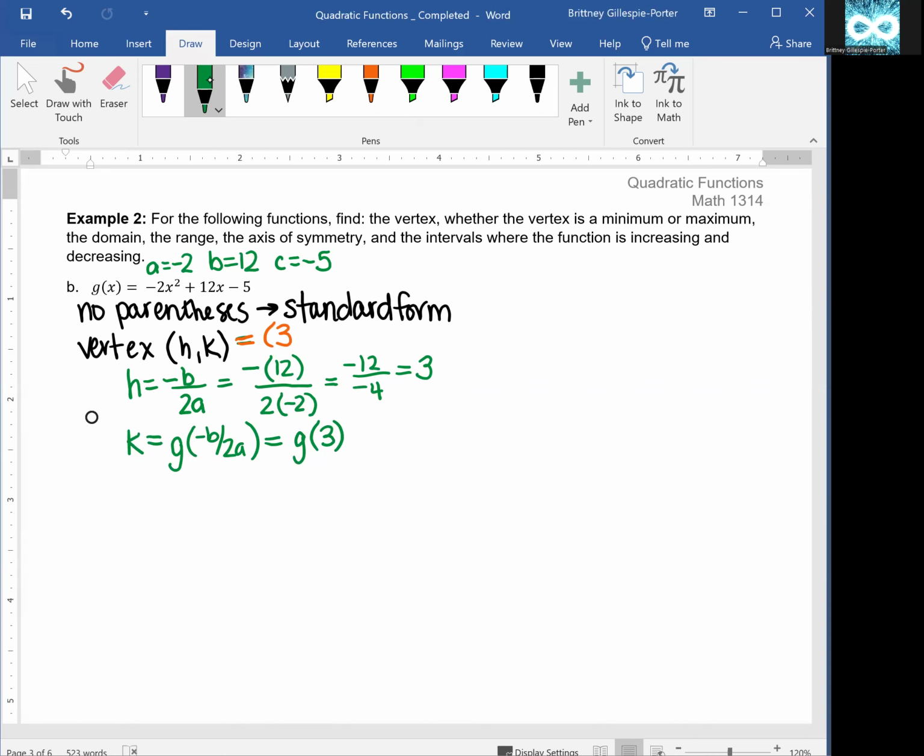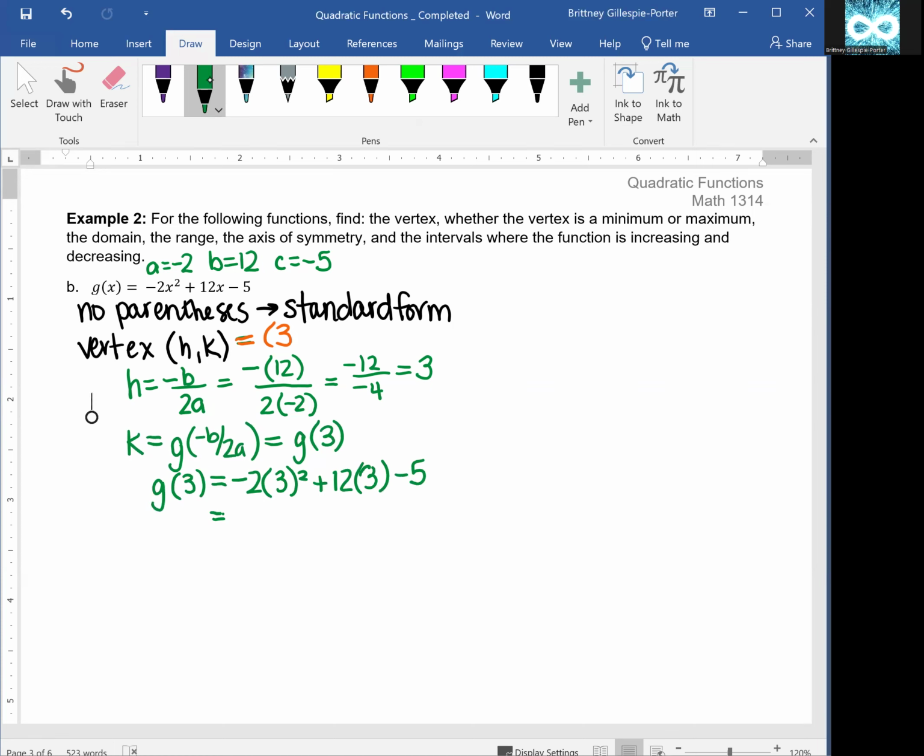That's why we have f of x and g of x and h of x and so forth and so on. So plugging in, we're going to have g of 3 is equal to negative 2 times 3 squared instead of x squared, plus 12 times 3 minus 5. You can put this into your calculator all at once. Just make sure that you watch your parentheses.